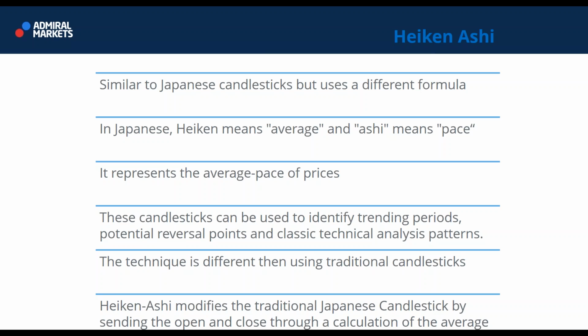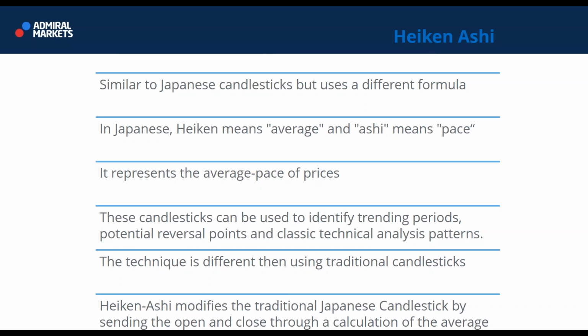The thing is that Heiken Ashi has a very useful feature because those are color-coded candles. We can identify by just watching candles alone trending periods, potential reversal points, and even classic technical analysis patterns.